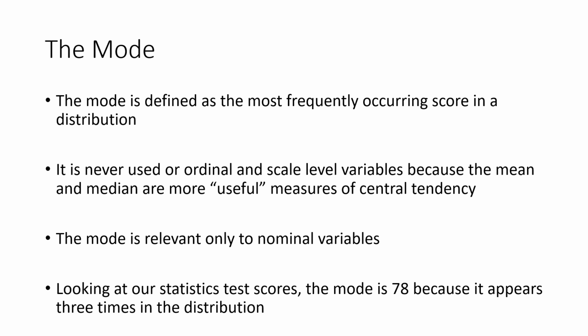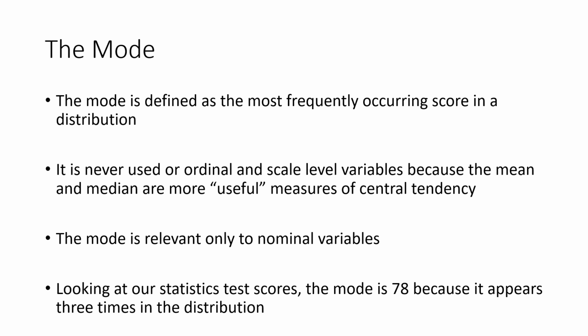Now, hypothetically, let's say we wanted to look at the mode of the distribution of the 25 scores that we've just looked at. The mode would happen to be 78. And the reason it would be 78 is that you find 78 occurring 3 times in that distribution of 25 scores.